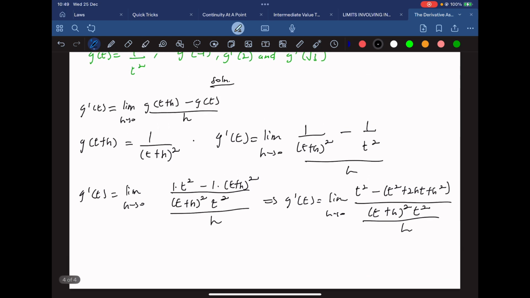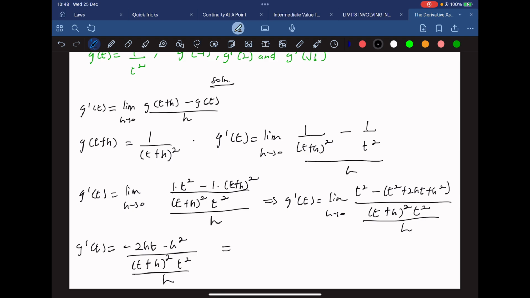So we have our g prime of t to be equal to, now if we expand everything over, if we distribute the negative, we get t squared minus t squared. So you're just going to have minus 2ht minus h squared out of t plus h all squared multiplying t squared. Now everything over h. I hope this is also clear.